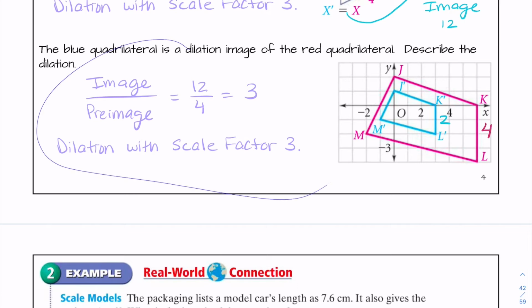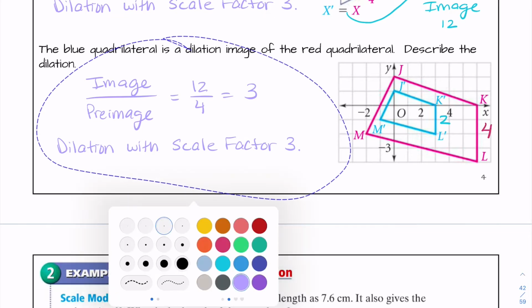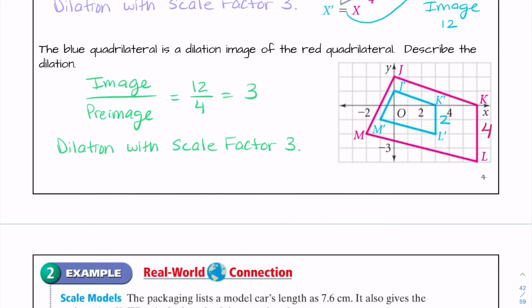I do want to change the color to green. Okay, what do we got? The image is 2, and the pre-image is 4. That makes it 1/2. So my scale factor is 1/2. Remember, this is my image, that's my pre-image.